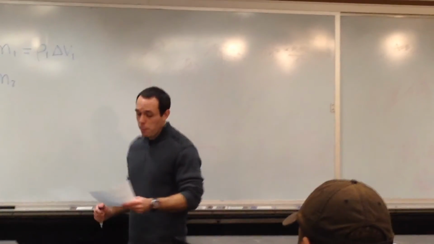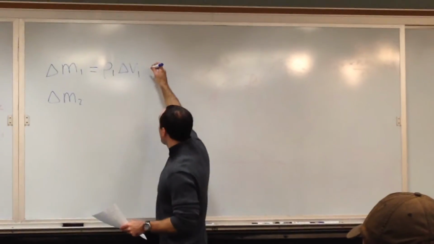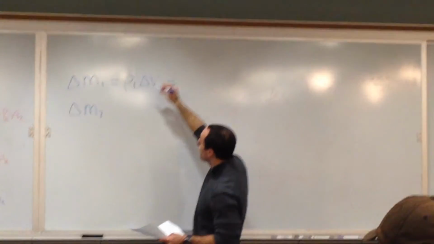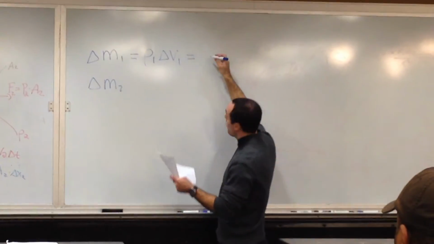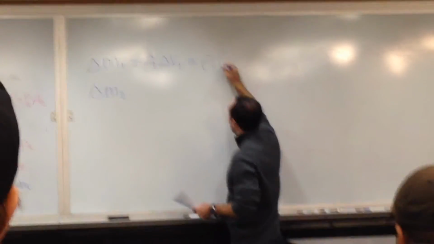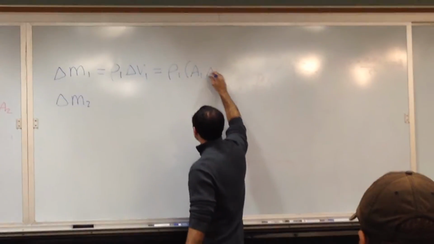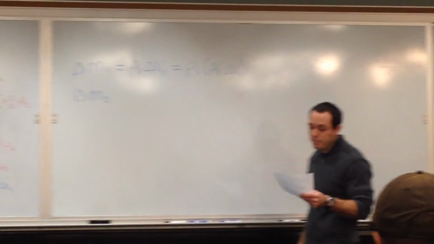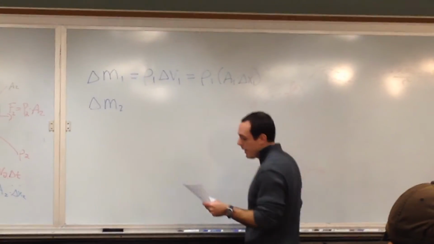So we still can see the idea of volume here. I use that because now I'm going to say what the volume is. Mass is equal to mass density times volume, which is equal to the mass density, in this case rho 1, times the volume, A1 times delta x1, the distance we're talking about for that mass. And we know what delta x1 is equal to.